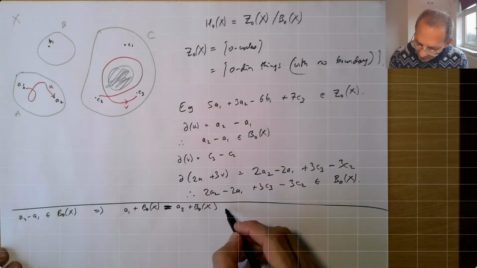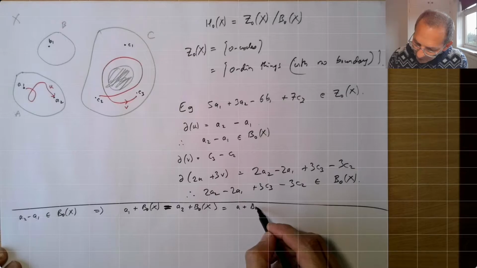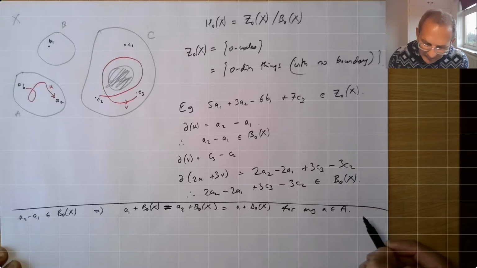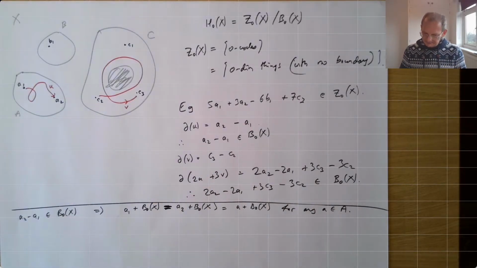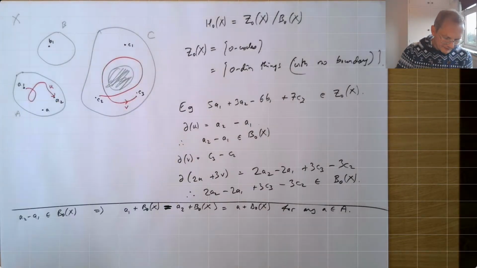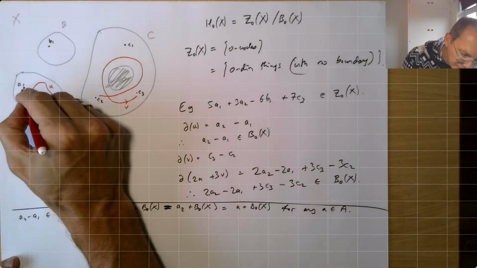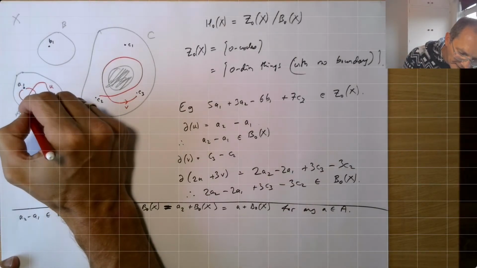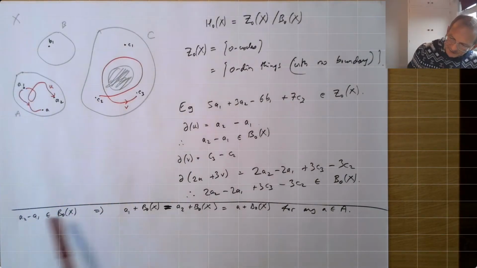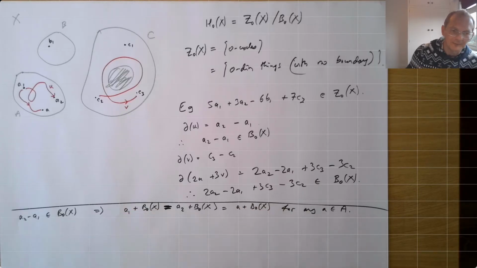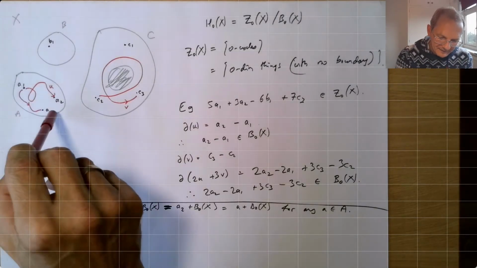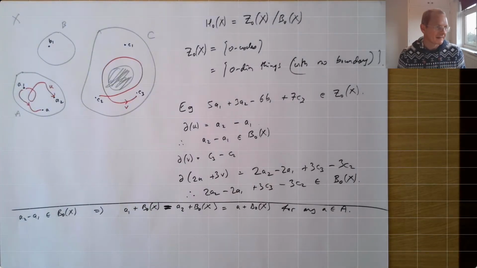And that's actually the same as a plus B0X for any a in this set A. I mean, if I've got any point a here, I can always choose a path wholly within A from this point A1 to a. So a minus A1 will be a boundary, and so a plus B0X will be the same as A1 plus B0X. Any point in this set capital A can be connected to A1 by a path, and because of that, you always get the same coset.